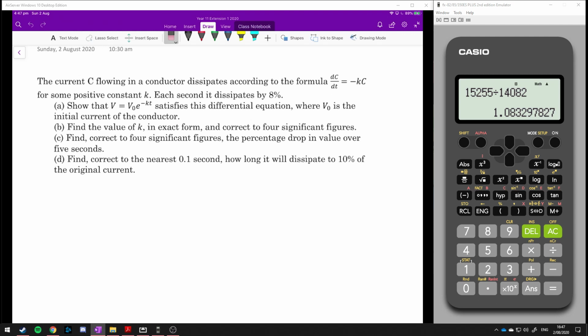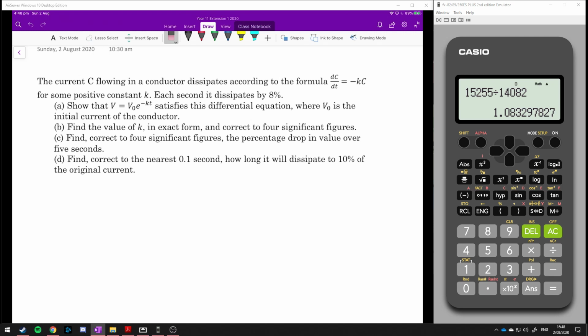Now, each second, it dissipates by 8%. So every second that passes, 8% of the charge is falling off, and it's falling off the charge that it already has. If it has 100% charge, then it loses 8%, which goes to 92. But if it loses charge from 92%, it's not losing exactly 8. It's going to be losing a little bit less, and that decay happens that way.